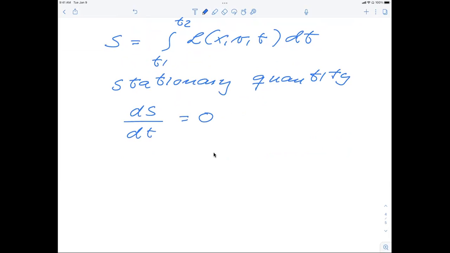Now that means in turn, when we look at this integral, since the only quantity which depends on time is the Lagrangian itself, that dL/dt is going to be equal to 0.